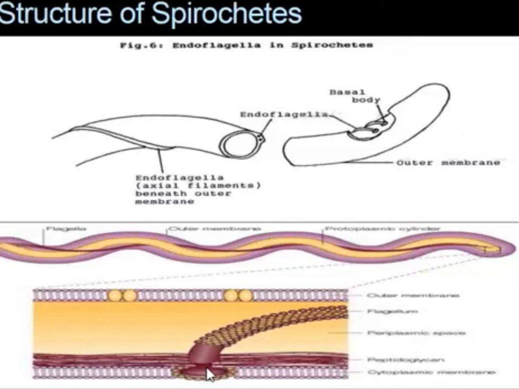It should be written this way: C-O-R-K-S-C-R-E-W dash L-I-K-E, and then the second word winding, and then the third word motility. So corkscrew-like is just one word, and it's not separated by a space, because the corkscrew and the like are separated by a hyphen or a dash. That's the specific unique motility or locomotion of the spirochete organism because of its coiled shape and because the endoflagella is wrapping or intertwined in its coiled cell wall or body.